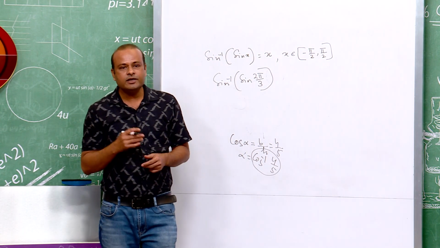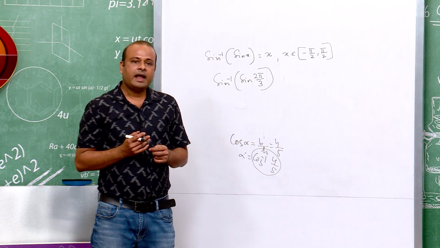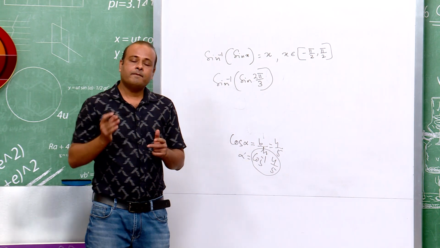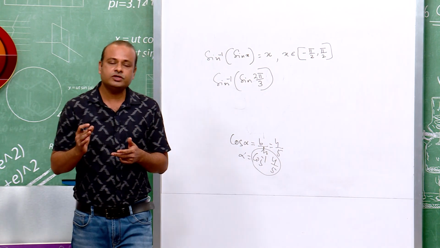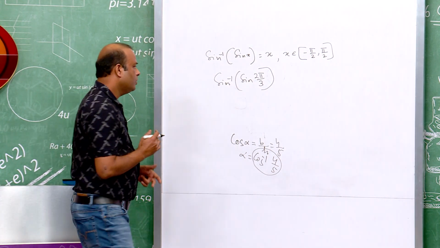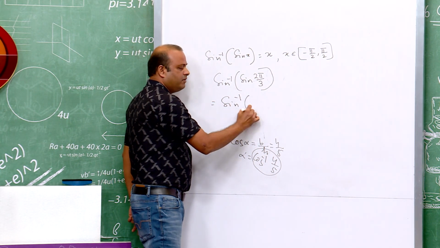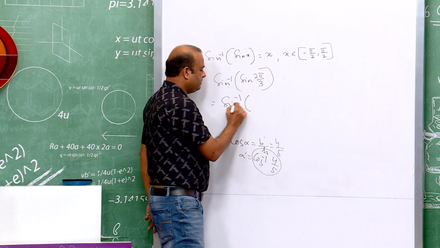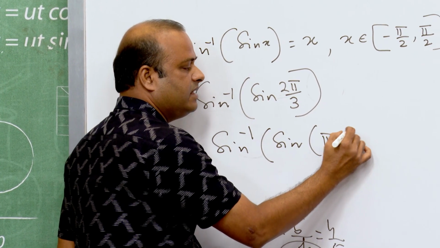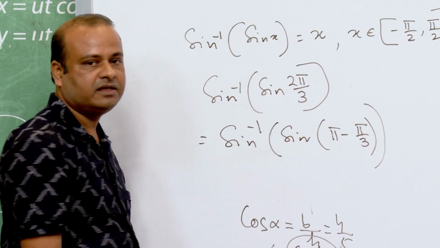So, you have to reduce that 2 pi by 3 to a value lying in the closed interval of minus pi by 2 to pi by 2. So what to do? You have to write sin inverse sin of pi minus pi by 3. Here pi minus pi by 3 is 2 pi by 3.